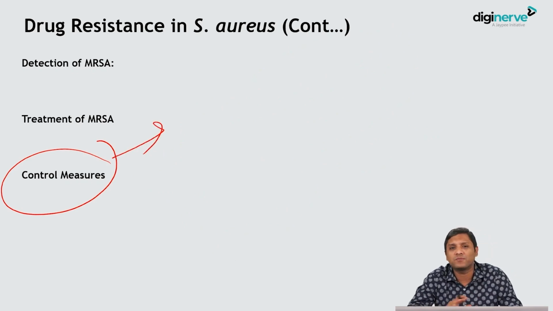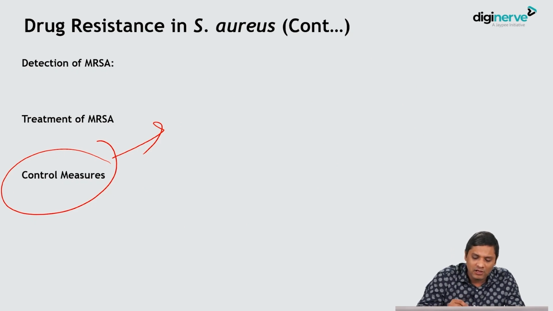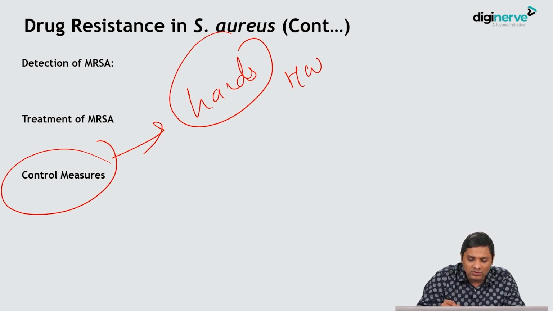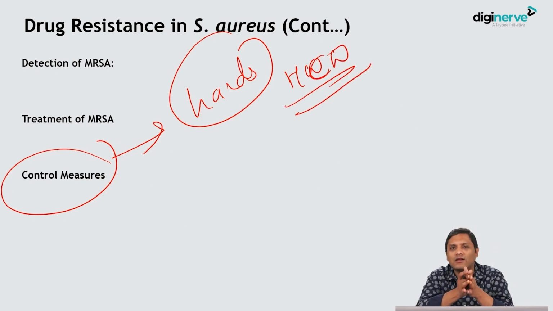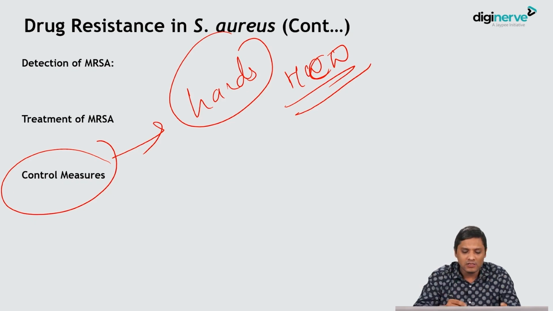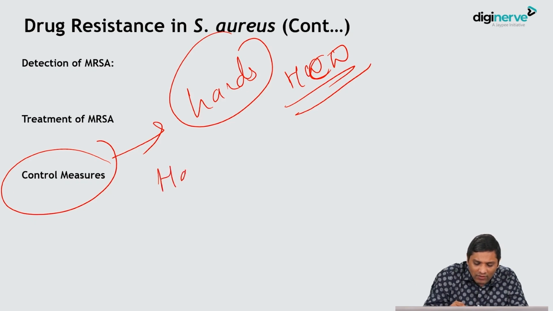Now we'll see what control measures can be taken. MRSA can rapidly spread in the hospital from one patient to another through the contaminated hands of healthcare workers. So the hands of healthcare workers are the most common vehicle which will transmit the infection from one patient to another in the hospital. So please remember frequent hand wash.